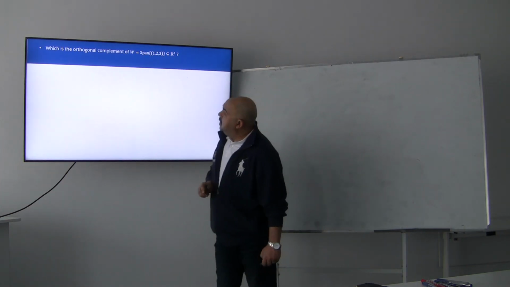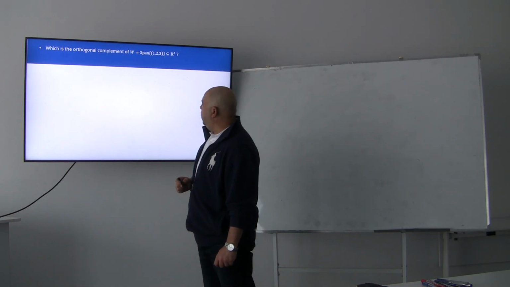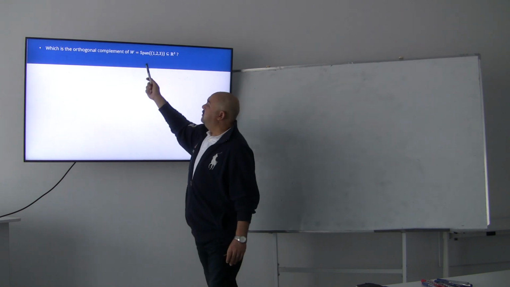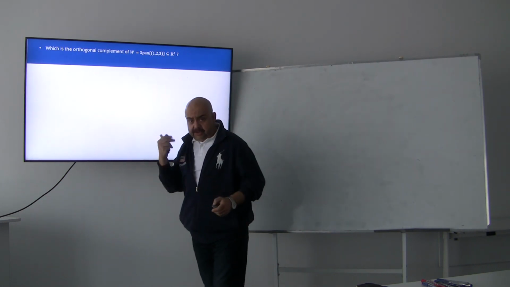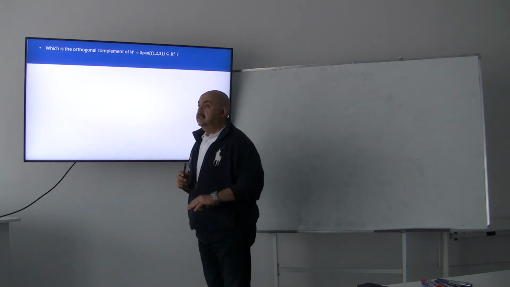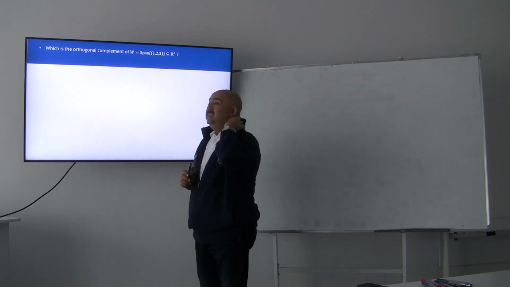Here it asks: what is the orthogonal complement of omega, which is a subvector space of R3, whose span is given by (1, 2, 3)? It's very simple, and we already did that before. I will assume the orthogonal vector is (x, y, z).